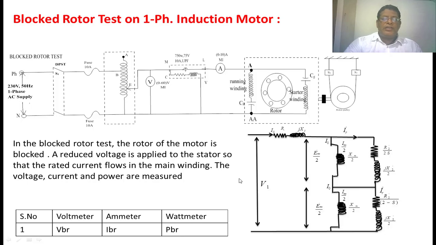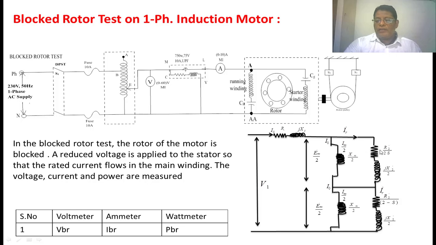We are trying to develop the equivalent circuit of the induction motor during the blocked rotor test. Now we start with the approximate equivalent circuit of the induction motor, where we neglect the core loss resistance. Whenever we block the rotor, the slip of the induction motor is equal to 1. When the slip is 1, R2 dash by 2s becomes R2 dash by 2.